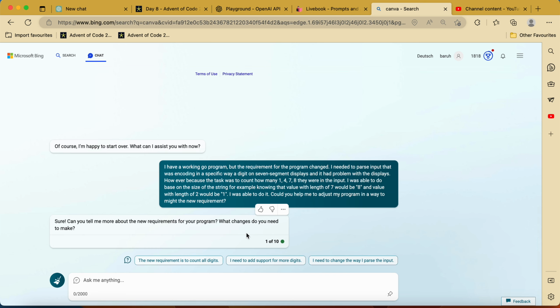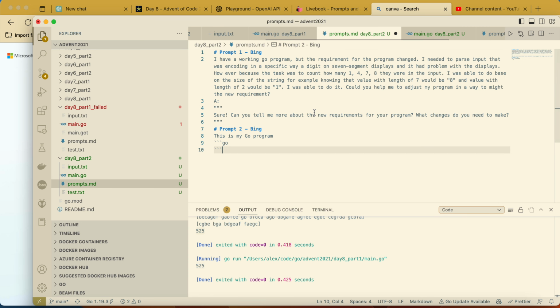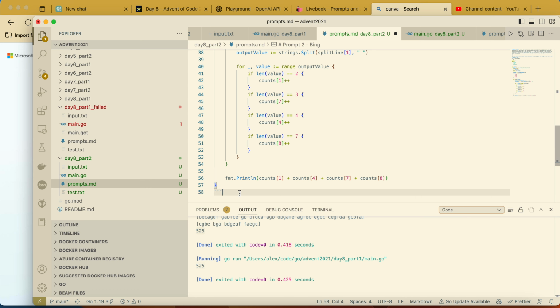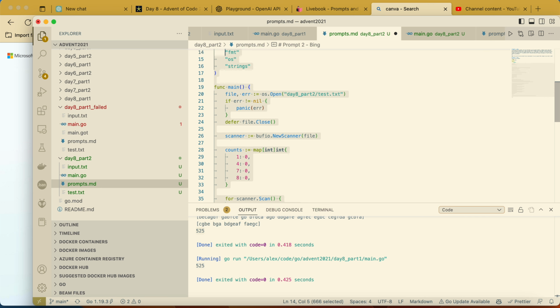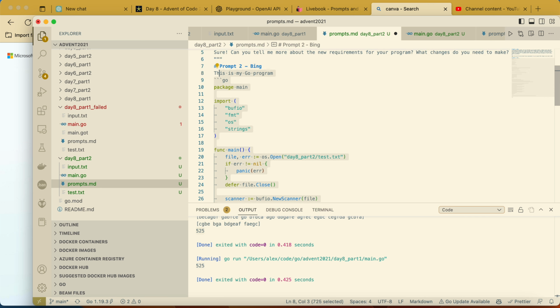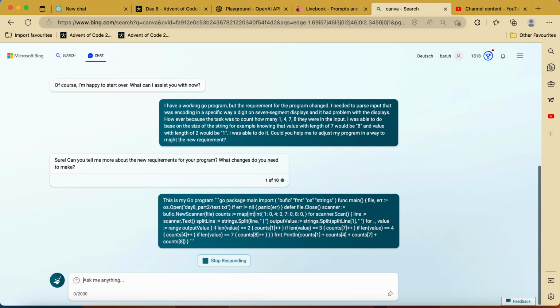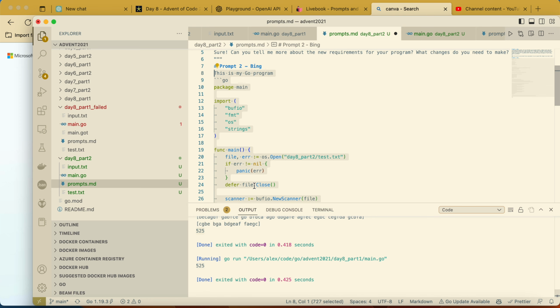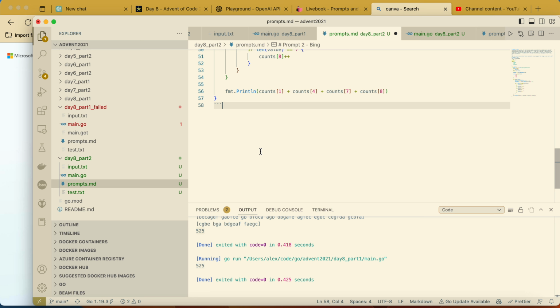My program is relatively short, which is so good because we're again blocked by this cap. This is my Go program, and we are giving that to Bing. Bing will not do anything with that, but most likely will ask, okay, but what are your requirements? Prompt 3, Bing will ask us to provide the new requirement.